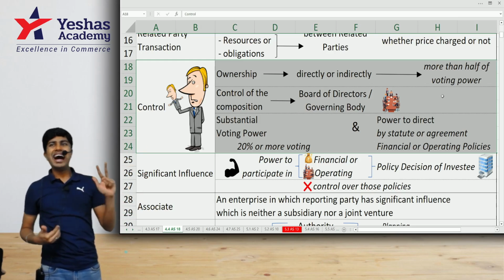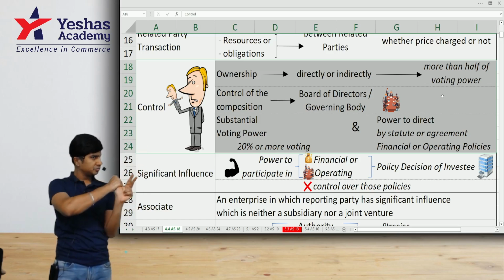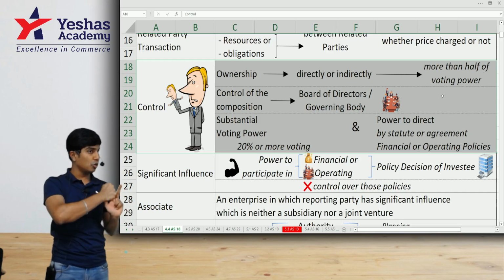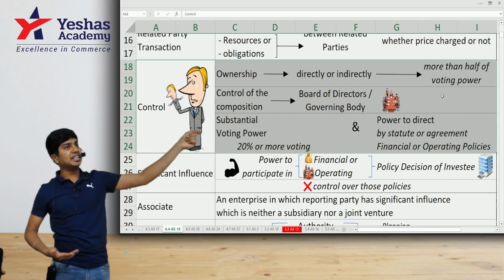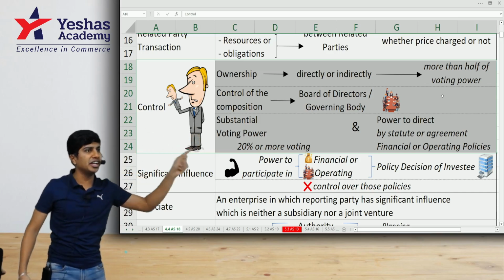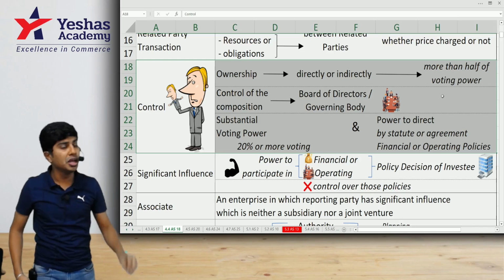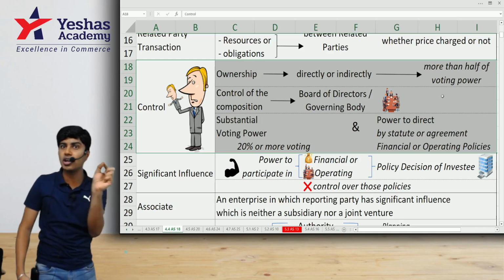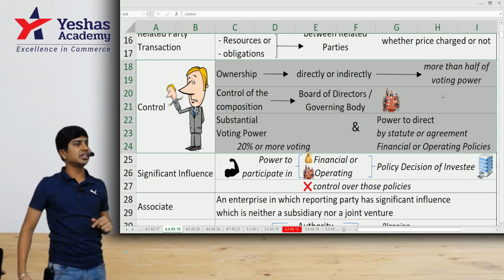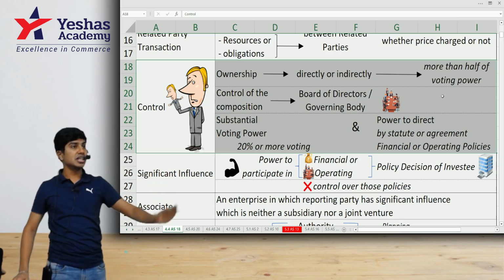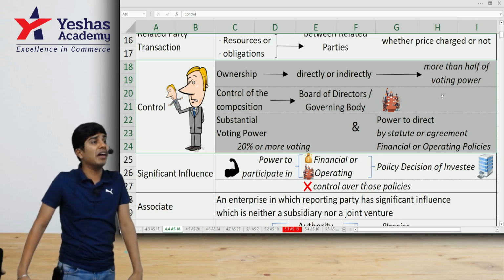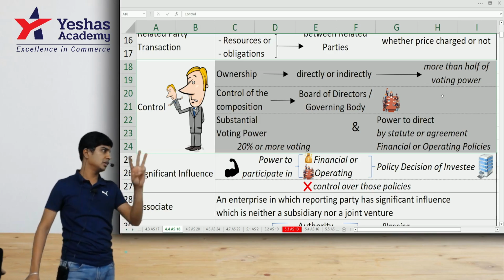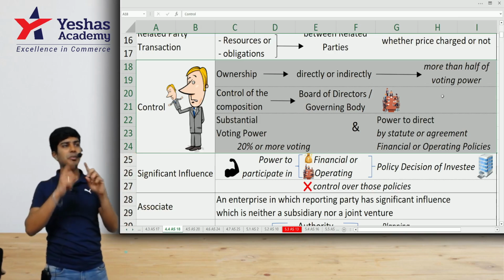Point number three, I don't have more than 50%, I don't control the composition of the board of directors, but I have 20% or more, and I take decisions in their company. Their operating and financial decisions are dependent upon me because of the kind of contractual agreement that we had when I invested the 20% share. Then it is considered to be my subsidiary company. Three ways of control. Number one, more than 50% voting rights.